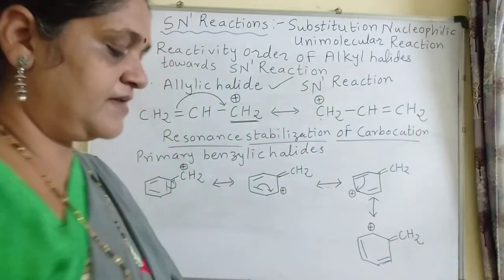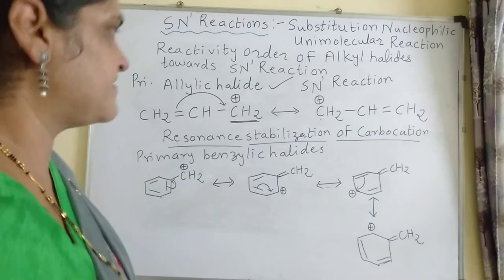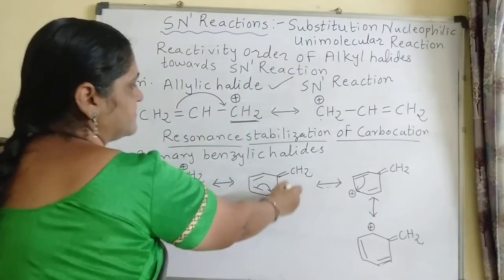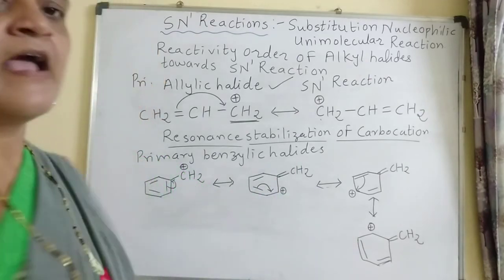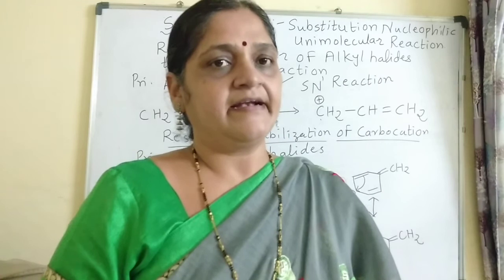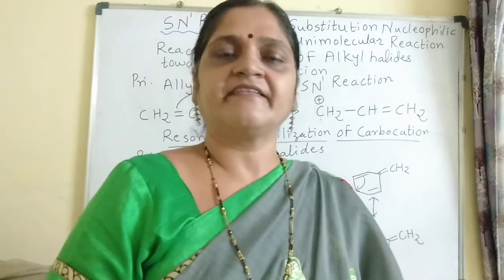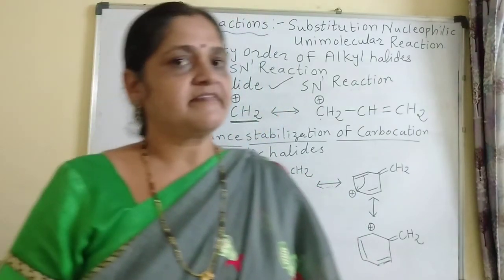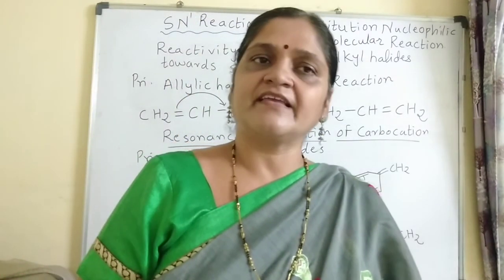This way, there will be resonance stabilization of this carbocation. This is shown by allylic halide, this is shown by benzylic halide. And as the stabilization of carbocation is more, the rate of SN1 reaction will be more. Therefore, allylic halides, benzylic halides and tertiary alkyl halides, all these three show more reactivity towards the SN1 reaction.